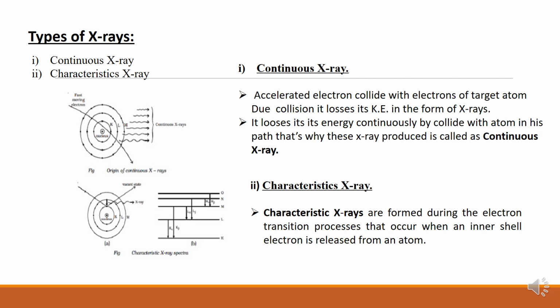Suppose an electron from the L shell jumps to the K shell. Because of this transition, energy is released in the form of X-rays, and the K alpha line of X-ray is produced. In this way, characteristic X-rays are produced.